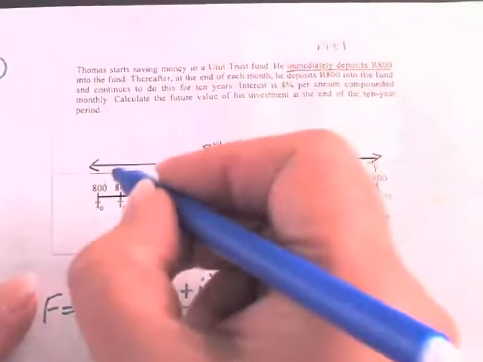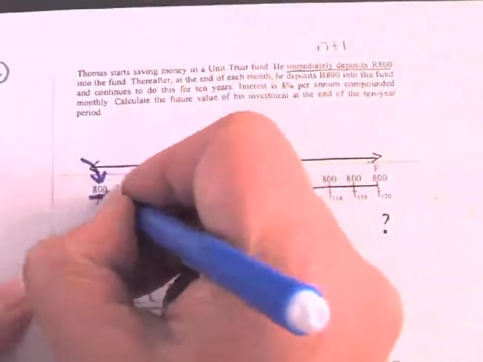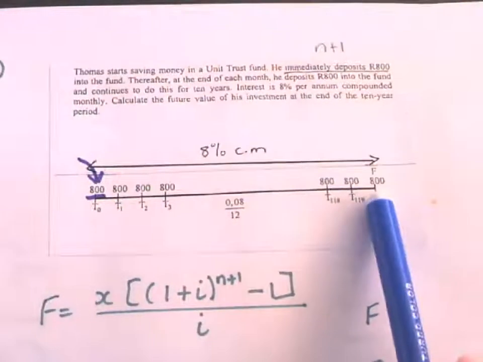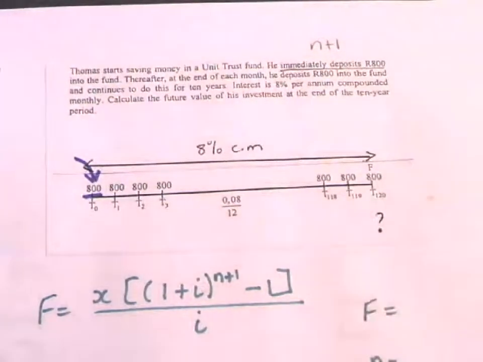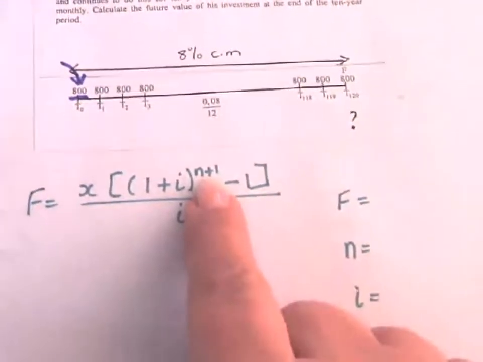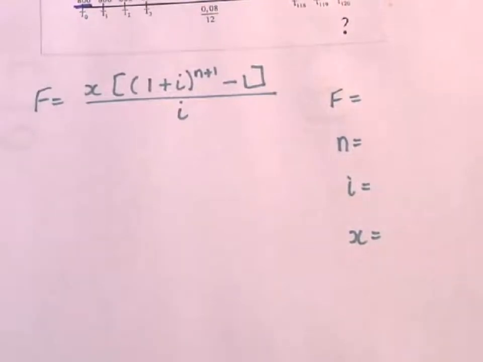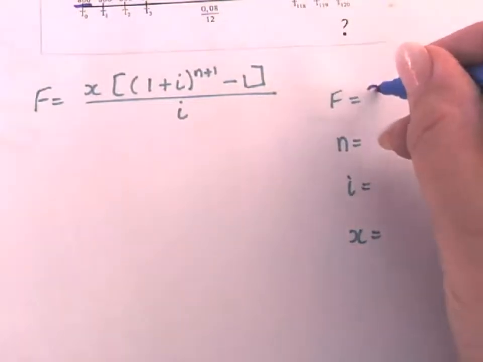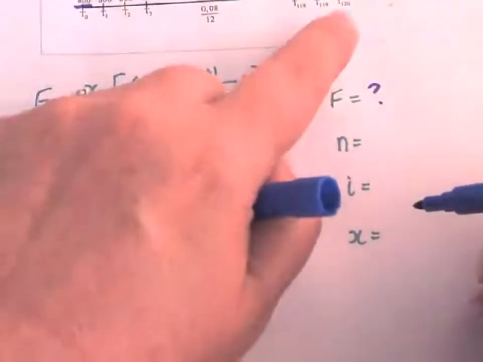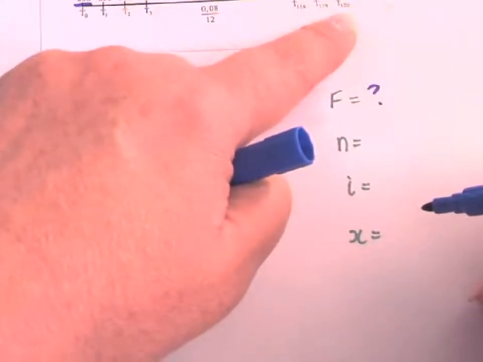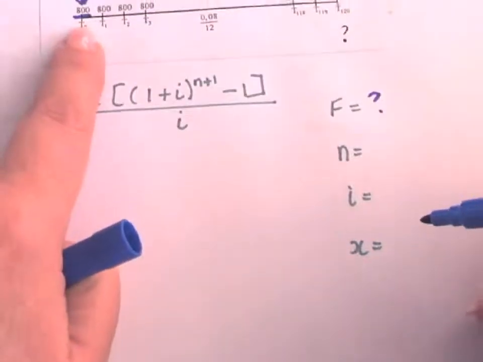Our immediate deposit is this one, the 800, and then every month at the end of the month for 10 years. So we know it's the n plus 1 formula, the immediate payment formula, and then you write your F next. We want to calculate F. Our n is 12 times 10 years, it's 120, but we need to add 1.